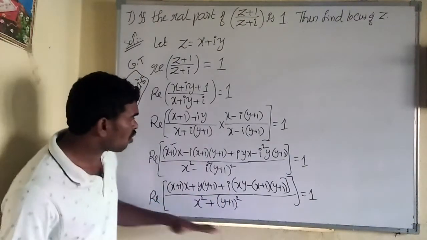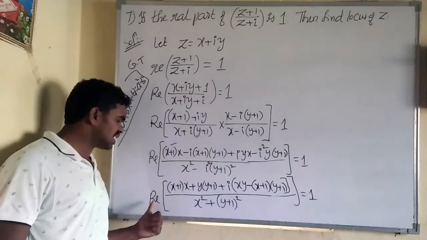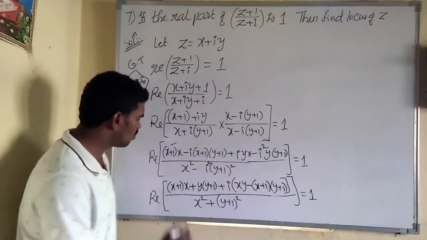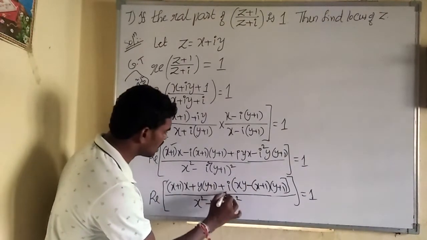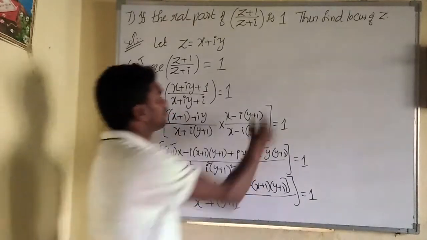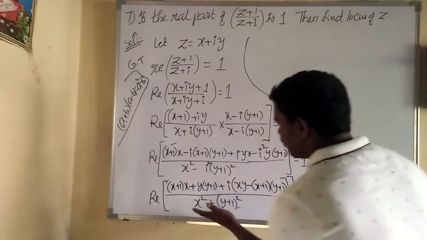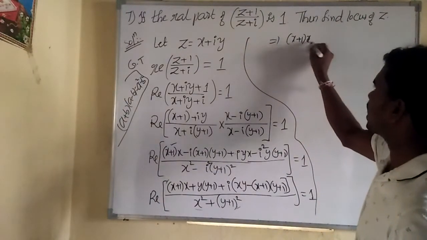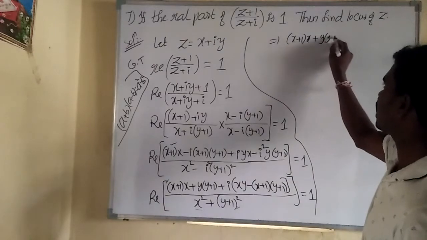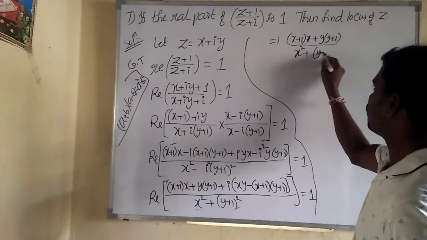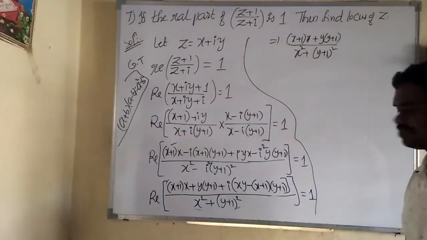So in the overall term, what is the real part of this whole function? x plus 1 into x plus y plus 1 into y by x square plus y plus 1 whole square. So the next step is x plus 1 into x plus y into y plus 1 whole by x square plus y plus 1 whole square.